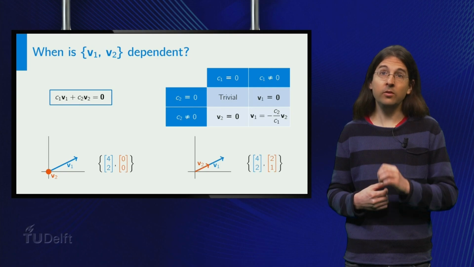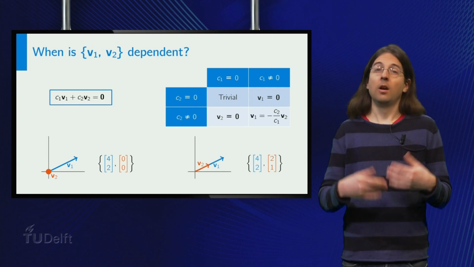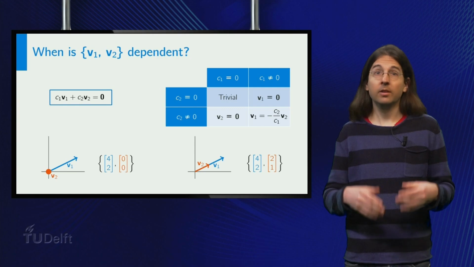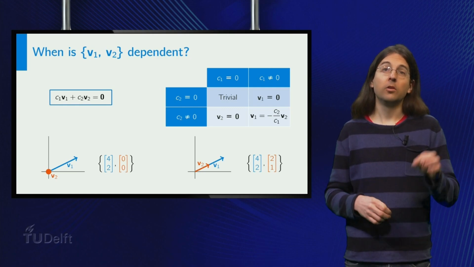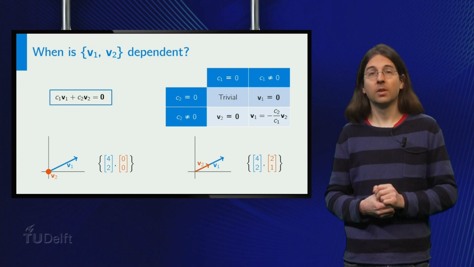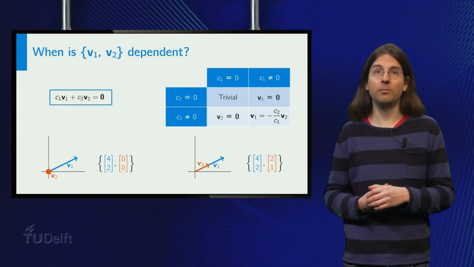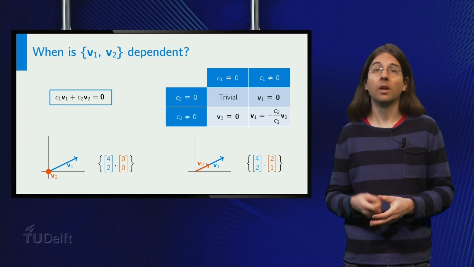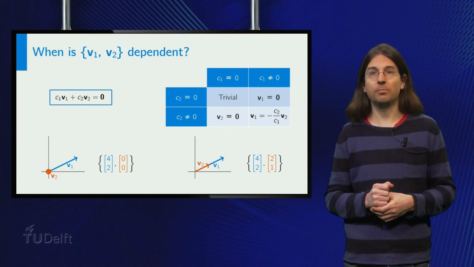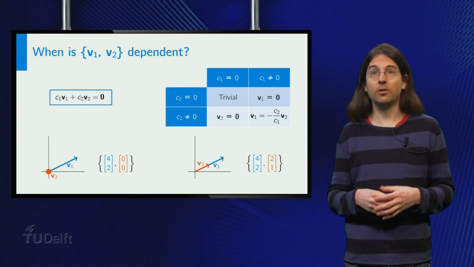In the final case, we can rewrite the equation as v1 equals minus c2 over c1 times v2, so v1 is a non-zero multiple of v2. That is, v1 and v2 point in the same direction. This last case is more typical, as it is not that often that you run into the 0 vector.